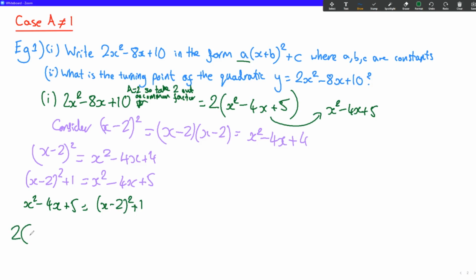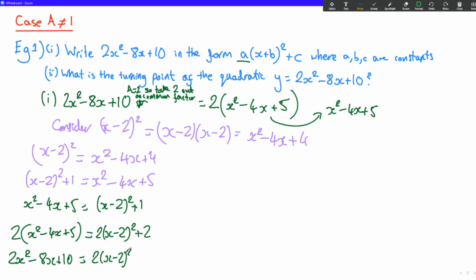So we just multiply both sides by 2. So remember, we multiply both of the terms by 2. And then we can just put this back into its normal form. And there we go. So this is our completed square form.